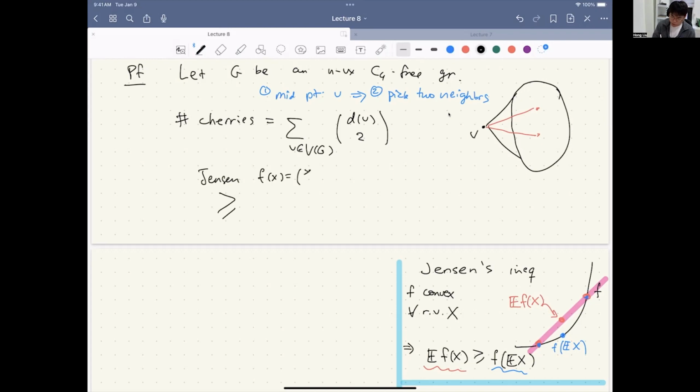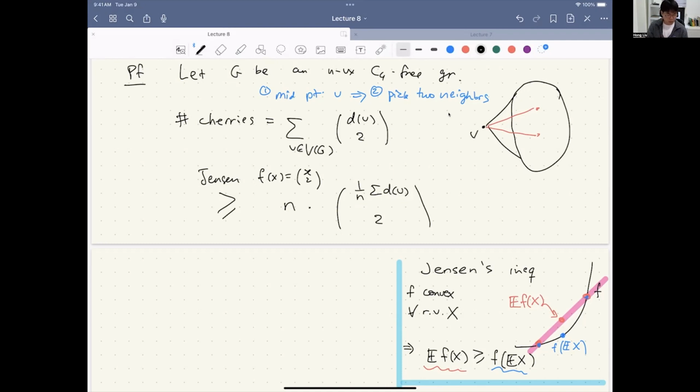Now, using Jensen, where f you think of as x choose 2, this function inside, we get that this summation is minimized when all the degrees are the same. So it equals n vertices times, since all the degrees are the same, you sum up all the degrees divided by n, which is the average degree, choose 2.